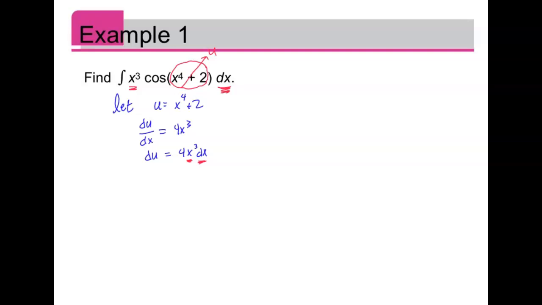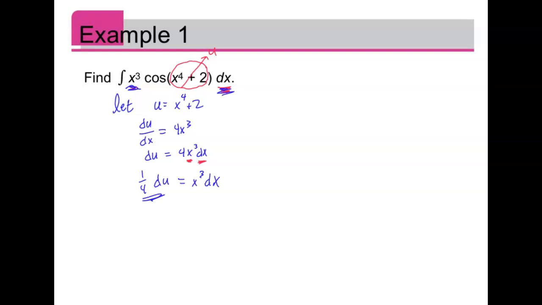Move the 4 to be over with the du, meaning I'm going to divide both sides by 4. I'm going to get a fourth du equals x cubed dx. So now I just have to bring with me a constant multiple of 1/4 when I make my substitution. All right, so x cubed dx gets replaced with a fourth du.